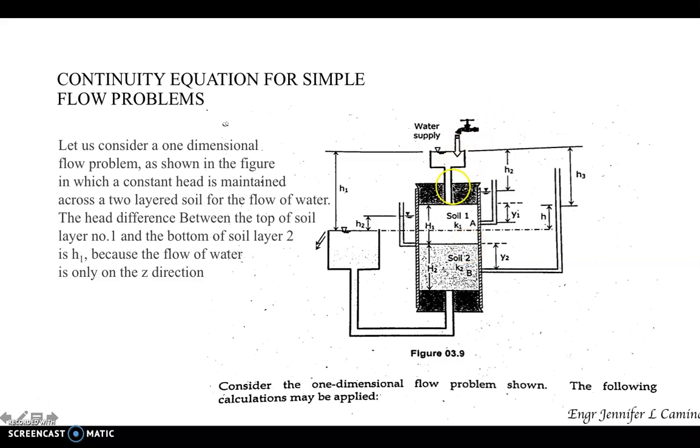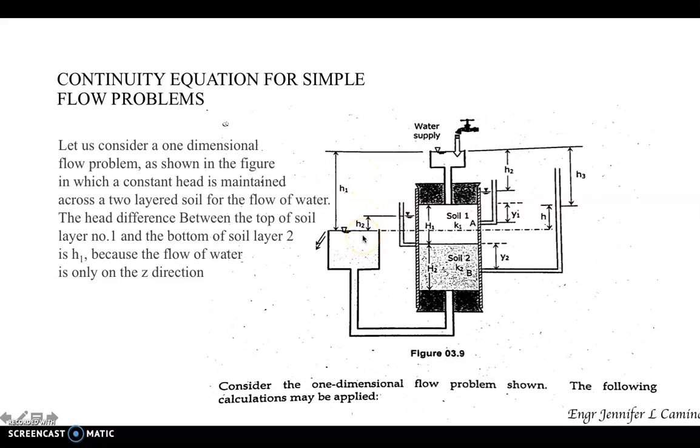We have here an inlet, a supply of water, and there is an outlet. We have two layers of soil, soil 1 and soil 2. They have different hydraulic conductivity: for soil 1, that is K1, and for soil 2, that is K sub 2. The head difference between the top soil and the bottom soil is equivalent to H1.